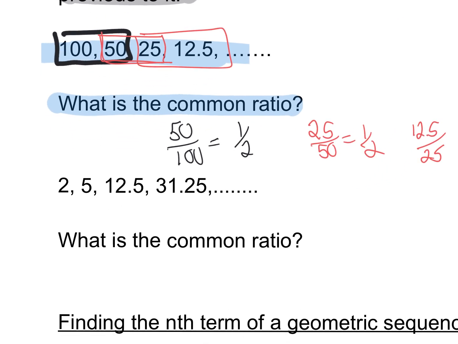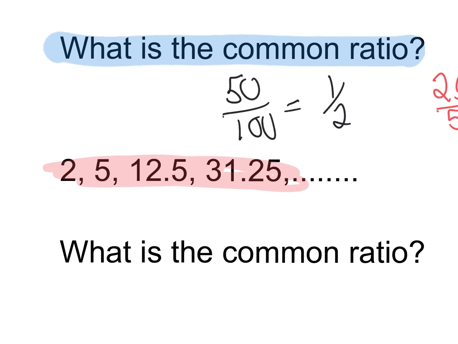So as I look at my next one here, let's do a different color, at this sequence right here. And this time, I'm going to pick any two terms. If I pick my first two here, one term divided by the term previous to it, 5/2, which is also 2.5.